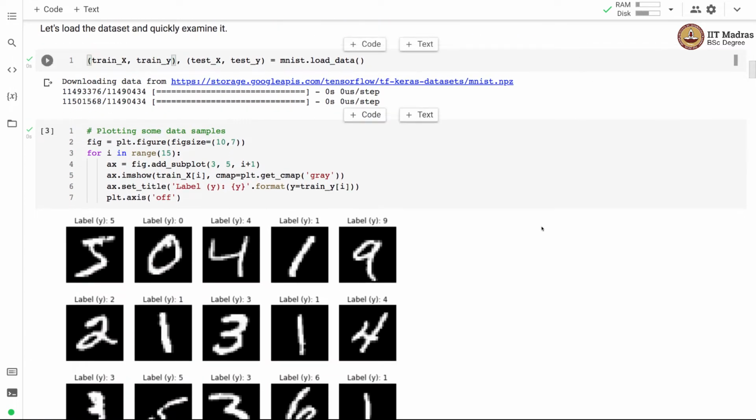Here we load the MNIST dataset with the MNIST API from Keras, and we call mnist.load_data that gives us the training feature matrix, training labels, test feature matrix, and test labels. There are 60,000 examples in training and 10,000 examples in the test.